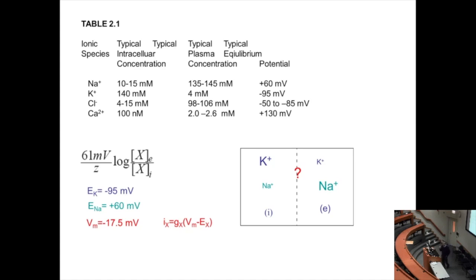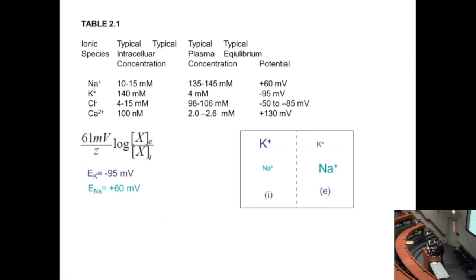If I was taking positive charge out faster than positive charge was coming in, then I'd be making the outside positive and my membrane voltage would be going down. At rest, it's not changing, so the currents all have to add up to 0. In this case, they're equal and opposite, and that happens at minus 17.5 in this case, as I defined it.